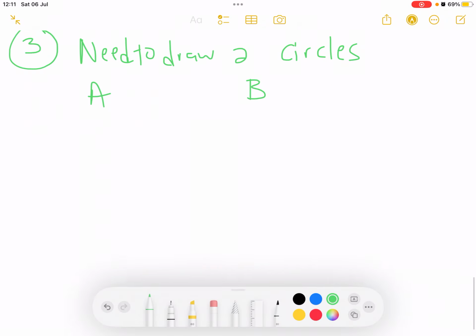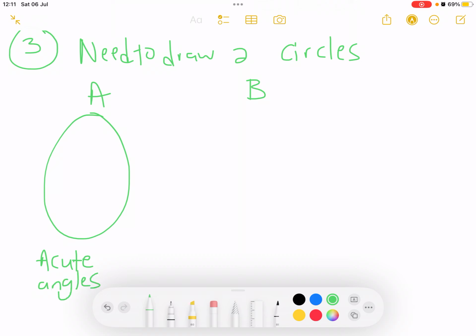What do we put in these circles? In circle A, we put our acute angles from the diagram. The first one would be 32 degrees. Second one would be 58 degrees.